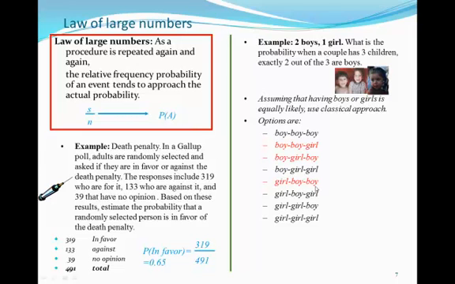That is 3 out of 8 total options. So of 8 possible outcomes, 3 correspond to exactly 2 boys. So our probability of exactly 2 boys equals 3 over 8, which equals 0.375.